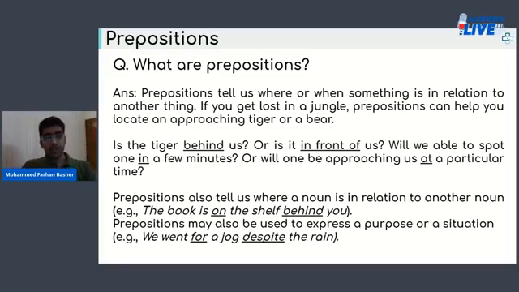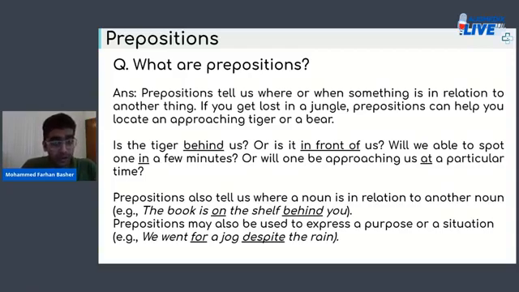Okay. Prepositions may also be used to express a purpose or a situation, right? You could also use prepositions to talk about a purpose or a contrast or maybe a situation, like the example here. We went for a jog despite the rain. So here you want to talk about going for a jog.